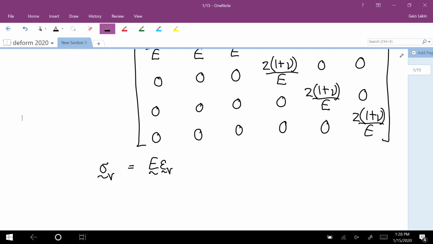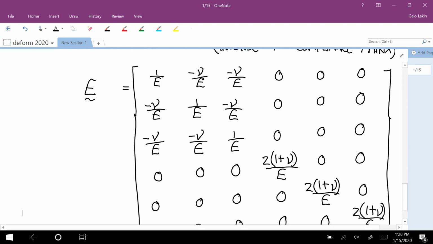And the other thing to notice about this is this stiffness matrix represents a material. Okay, so let's say you're dealing with a certain mix, a certain alloy of steel. So you'd have a stiffness matrix that represents that steel. And there are potentially 36 values in this stiffness matrix.